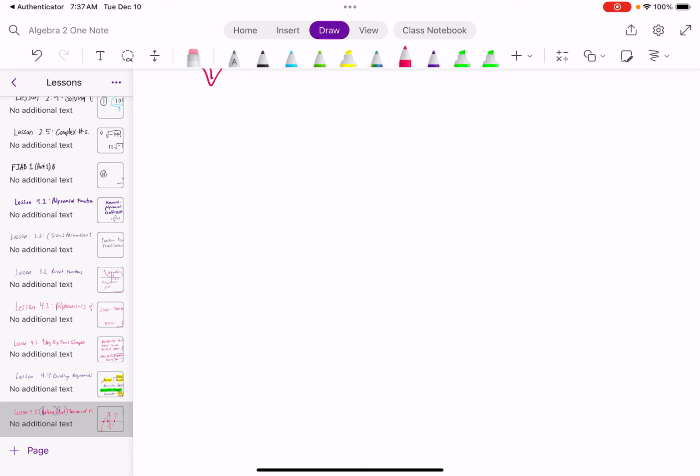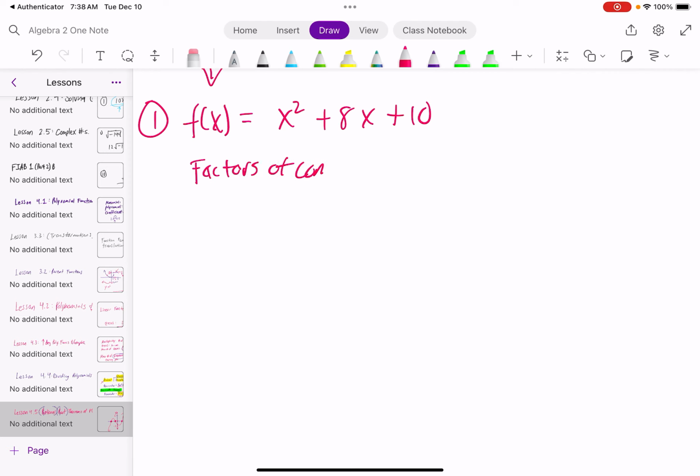So let's say you have the function f of x is equal to, and this is number 1, x squared plus 8x plus 10. Then by the rational root theorem, you would need to get all the factors of the constant, and this works for any polynomial.